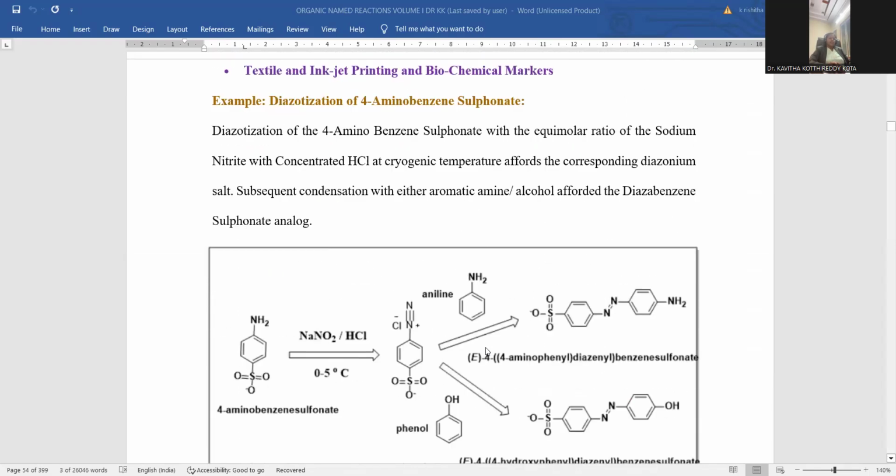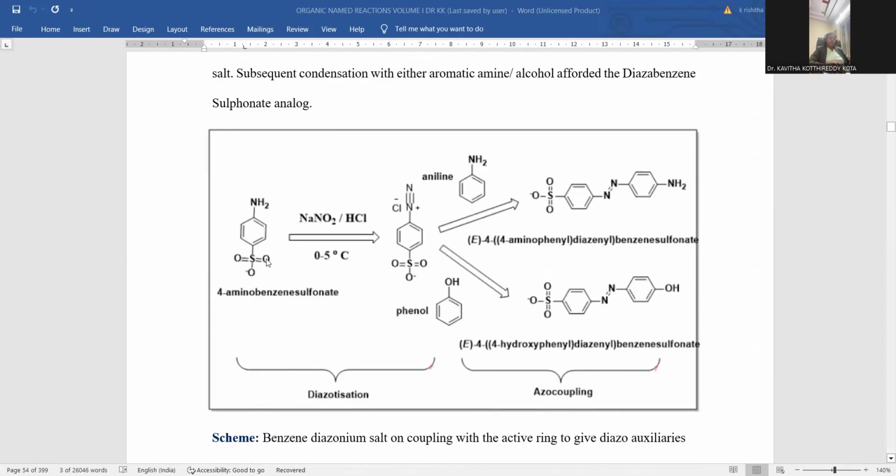An example for the diazotization reaction is provided. If you take aniline with the sulfonate moiety at position number 4, the para position substituted by the sulfonate moiety, it is treated with the diazotizing agent NaNO2 and HCl, so that benzene diazonium chloride originates. The sulfonate moiety that is there will not participate in the reaction.